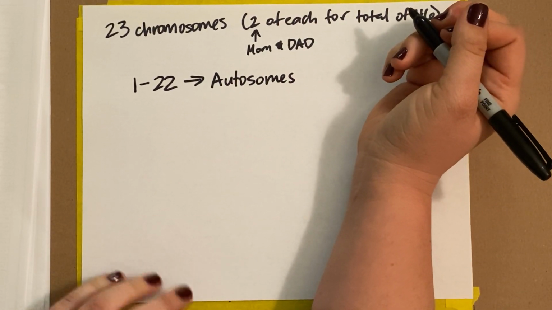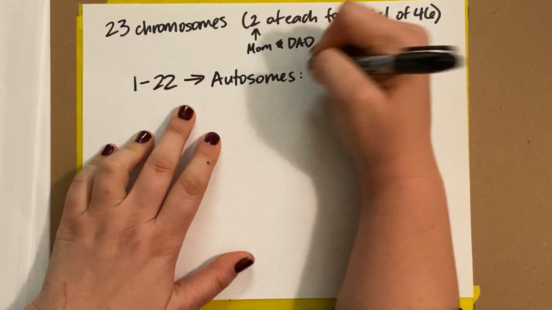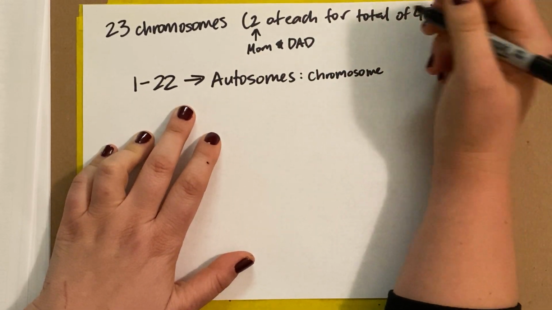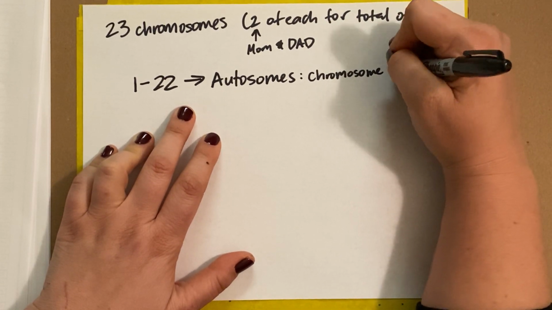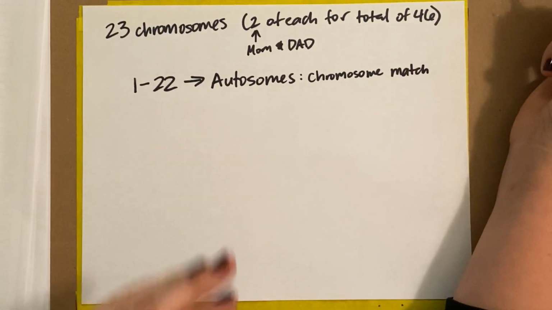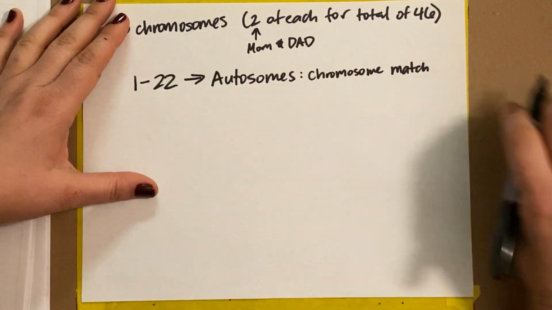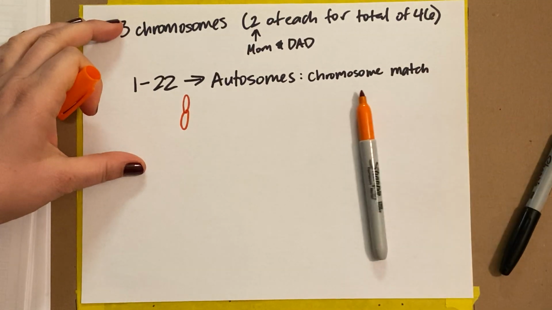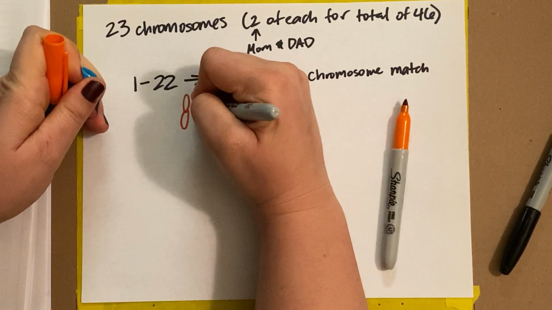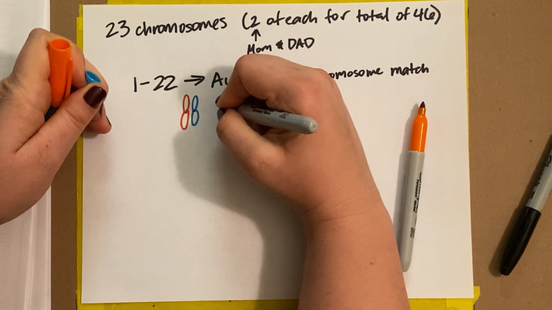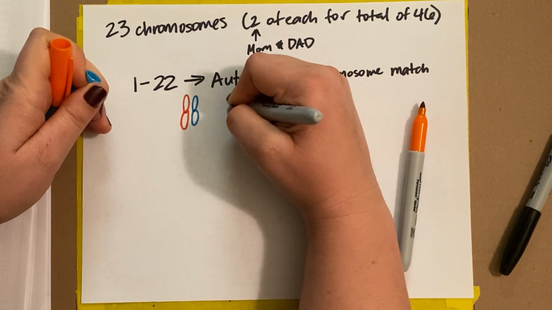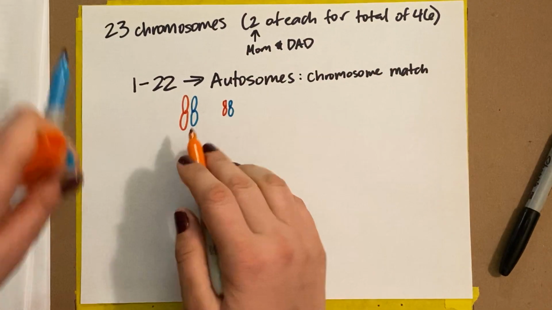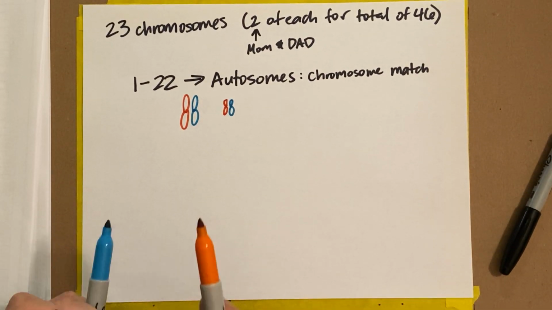Autosomes mean that the chromosomes, the one from mom and one from dad, are matching. You can just draw this out. We have chromosome 1 from dad, chromosome 1 from mom. Let's just say chromosome 2 is slightly smaller. So we have chromosome 2 from mom, chromosome 2 from dad. But they're identical to each other, so they're a match.